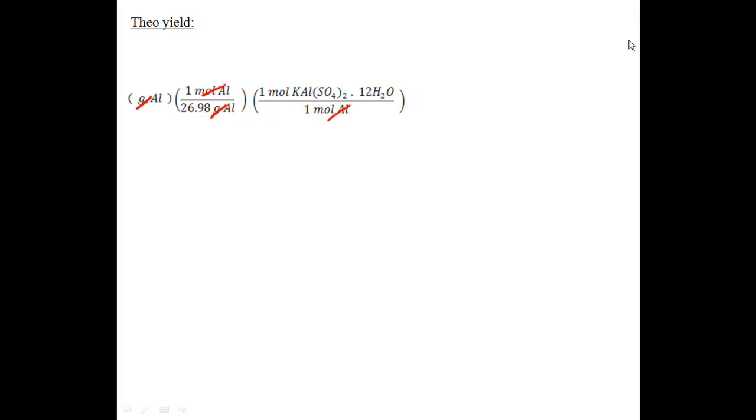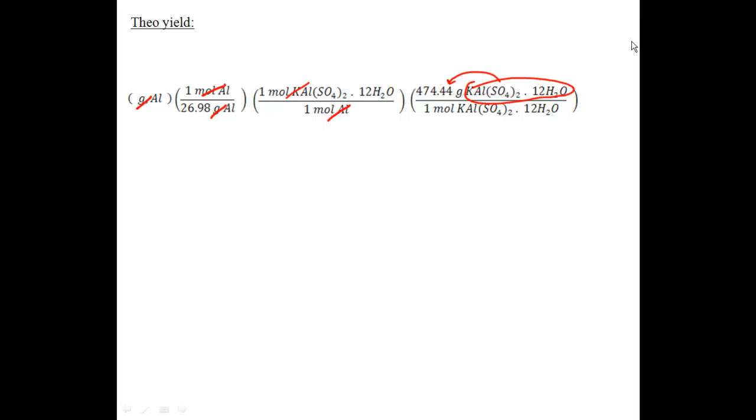And then I've got to get those moles into a mass, so molar mass again. So for 1 mole of my potassium aluminum sulfate dodecahydrate, there are 474.44 grams, which is the molar mass, including those 12 waters. That is the whole substance molar mass.